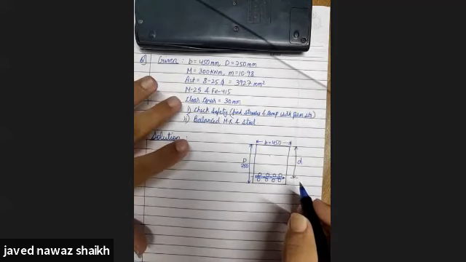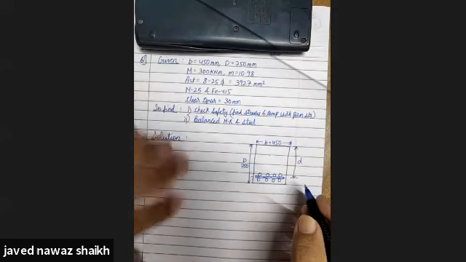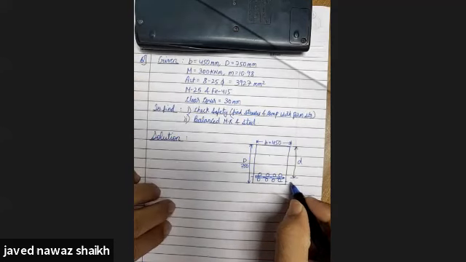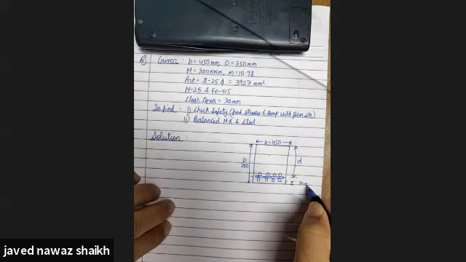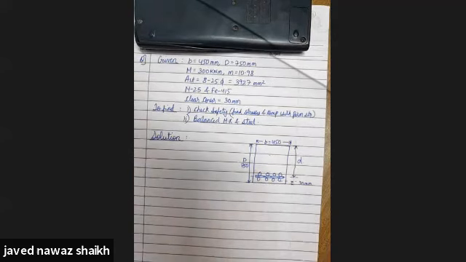And now clear cover is given, remember. Clear cover means from the face of the bar. This is 30 mm. Is that clear? Now anyone got the value of effective depth? Let me know.